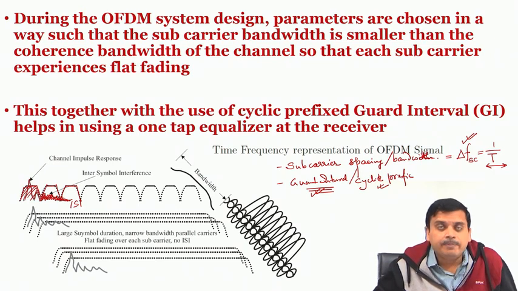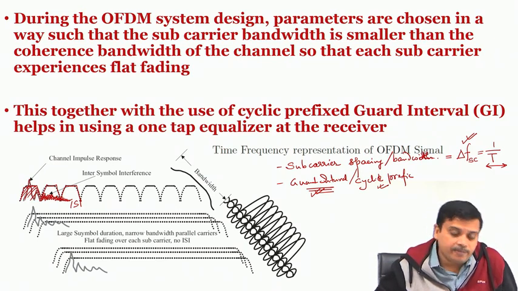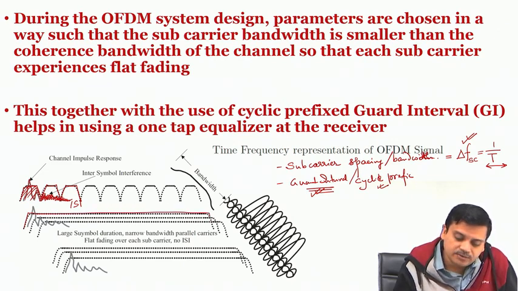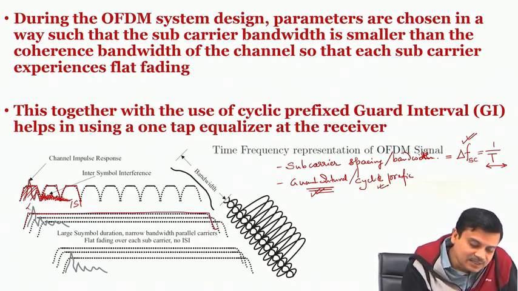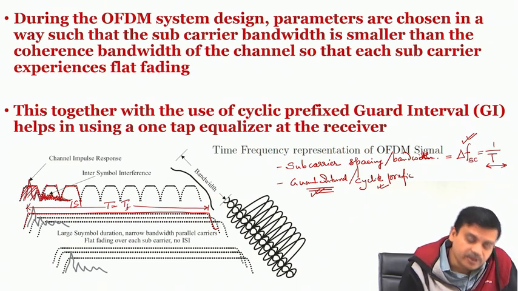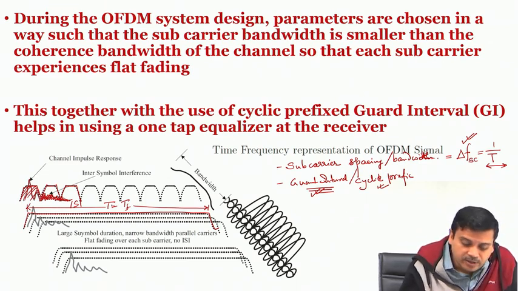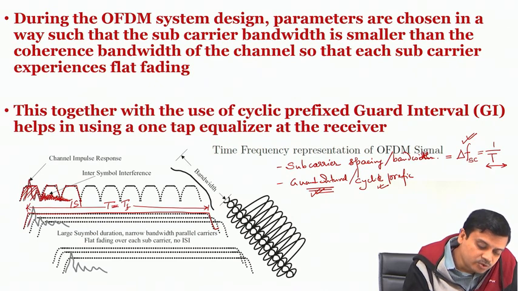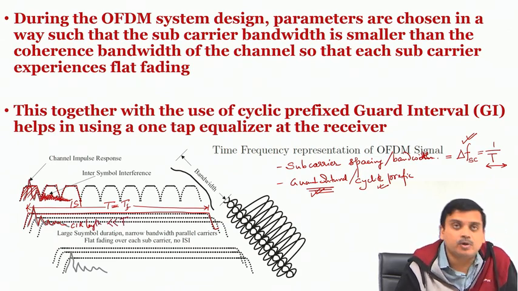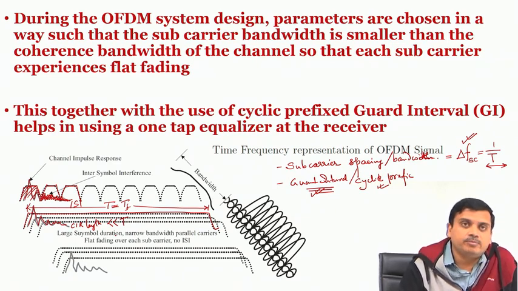So, in OFDM what we are doing is that the symbol duration is usually made large, and this is that T, which is equal to T_F in the notations that we have been using till now. I am just warning that we will probably have some change of notation later on, okay. T is made large enough so that the channel impulse response CIR length is much smaller than T, or T is much larger than the channel impulse response.